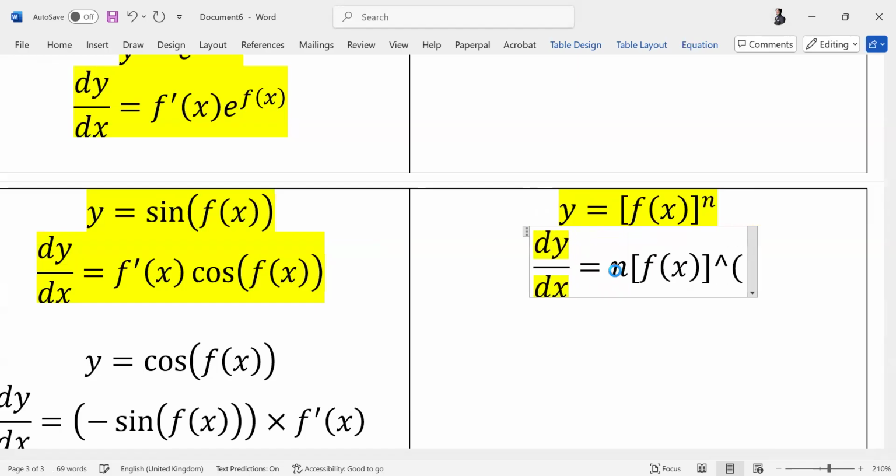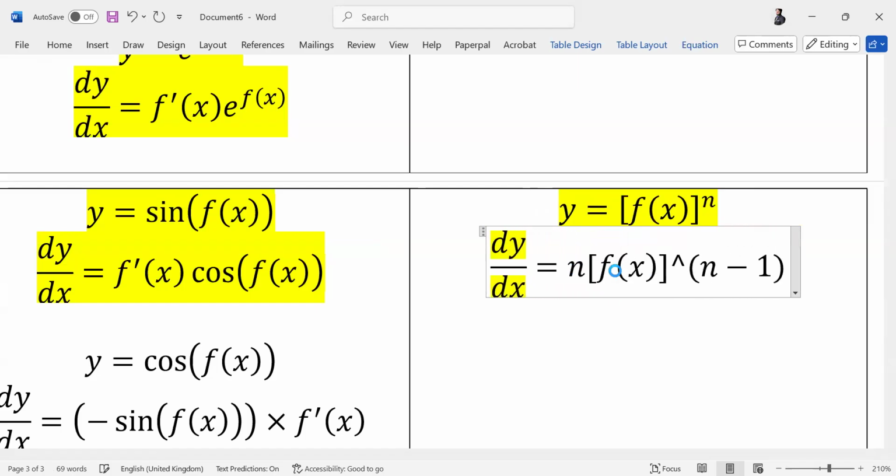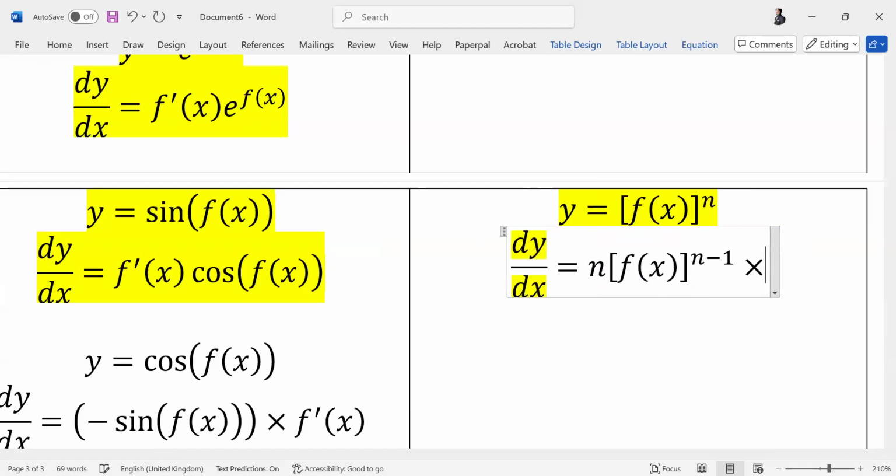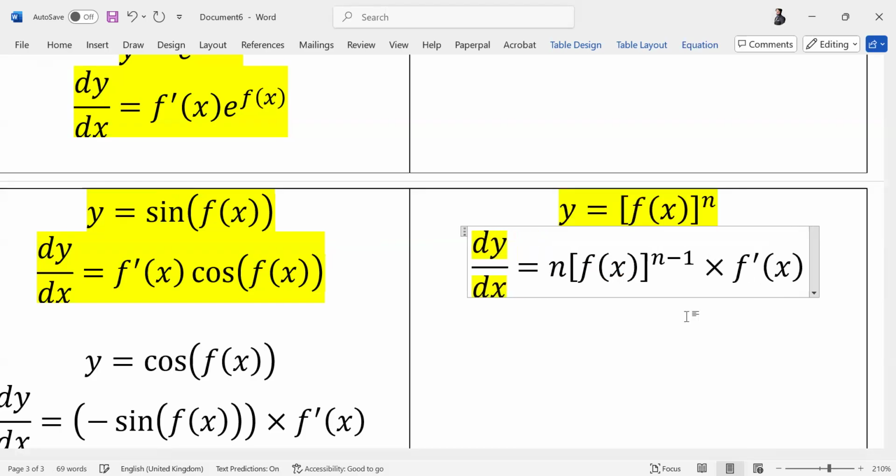The power decreases by 1 and it multiplies by the derivative of it. This you have already done. Now this will also be applied to all the trigonometric and exponential functions as well. Logarithmic, trigonometric and exponential, it will apply on all. Is this clear now?